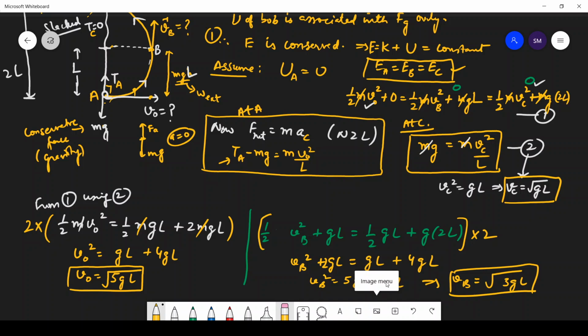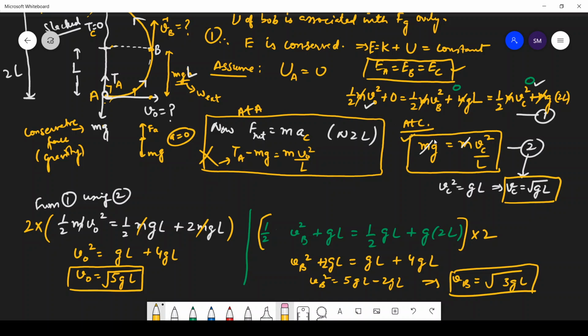So students, very simple question. We have just written the concept that mechanical energy is conserved, that is mechanical energy, kinetic energy plus potential energy, at all the points A, B and C, and then we use Newton's second law. This is not going to work at A, but okay, we have written the formula, but this is not needed actually.